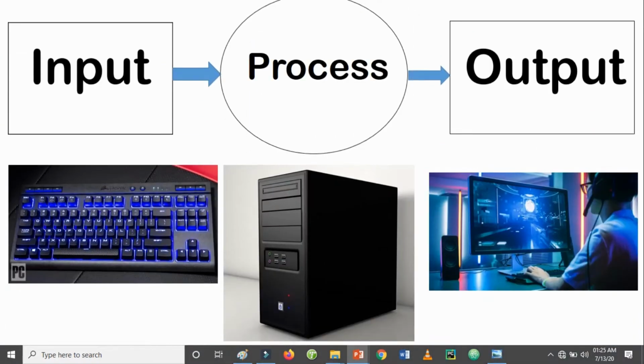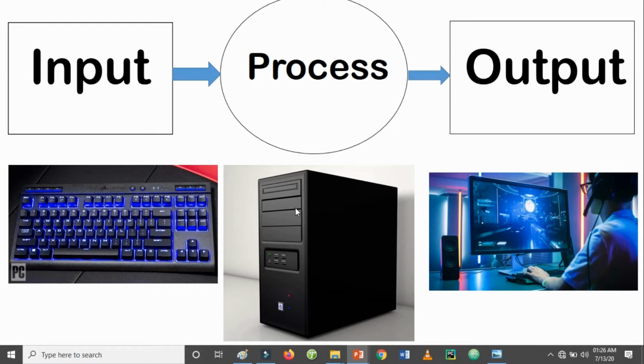Computer works much like that. We've got input devices that put in input, and we get output from output devices like monitor and speakers. And whatever happens in the middle is the processing part, and the CPU does that.